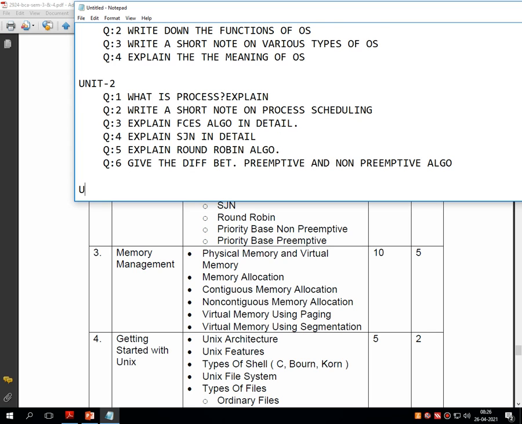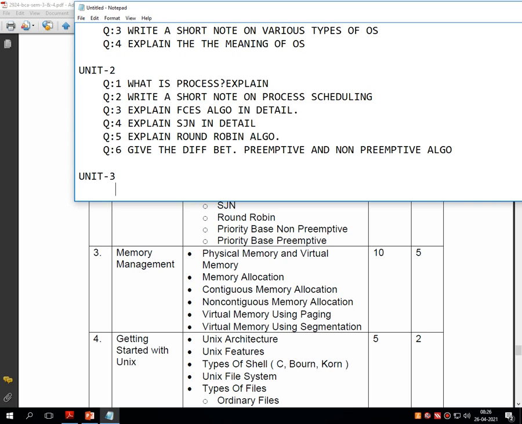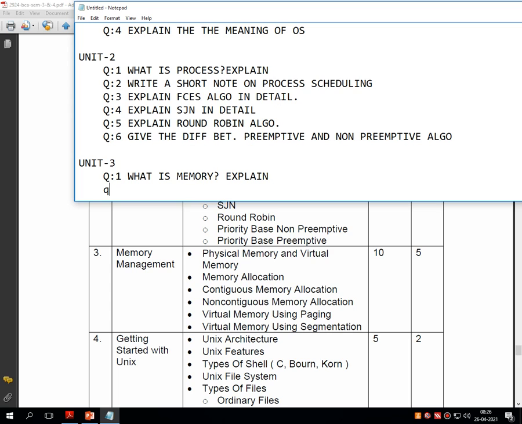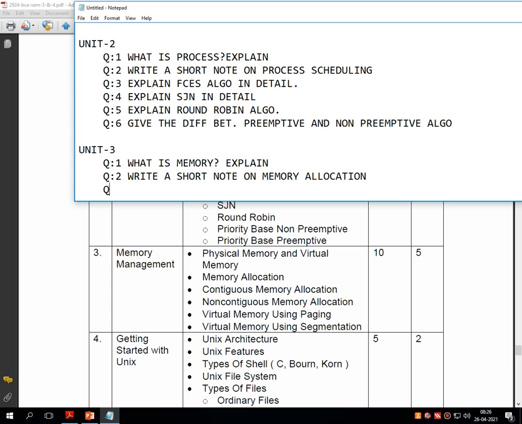Questions about unit number 3. Question number 1. What is memory? Explain. Question number 2. Write a short note on memory allocation. Question number 3.